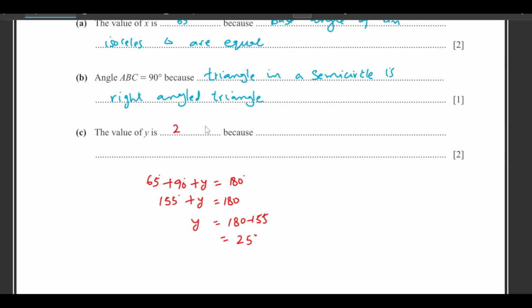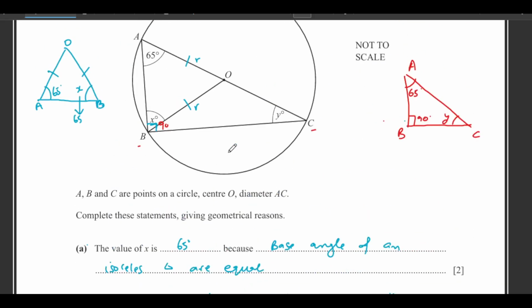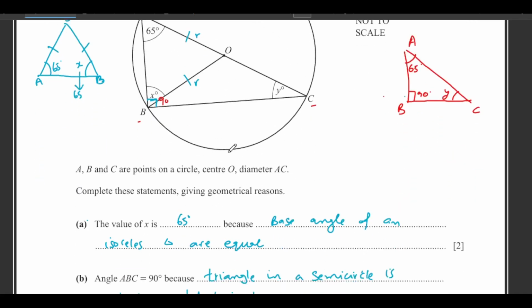So the value of y is 25 degrees because the angle sum of a triangle is 180. This is where we calculated this from, right? So I hope you understood this one.